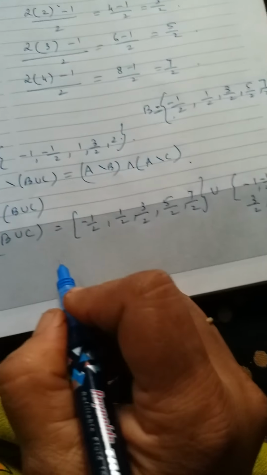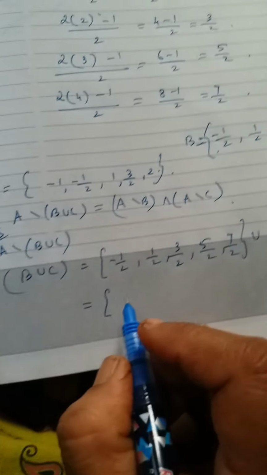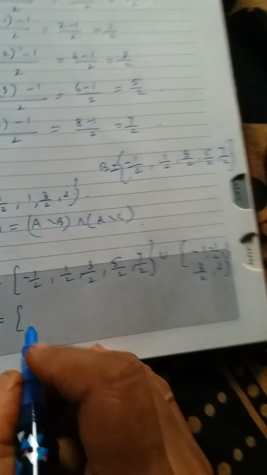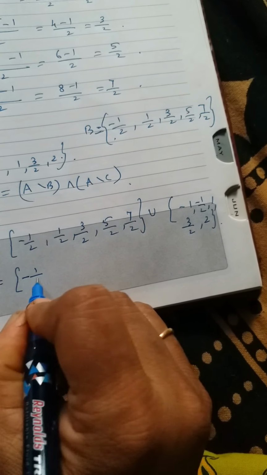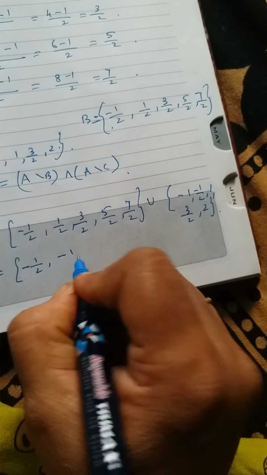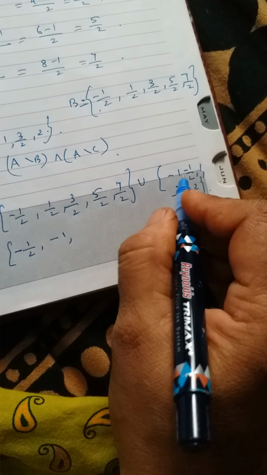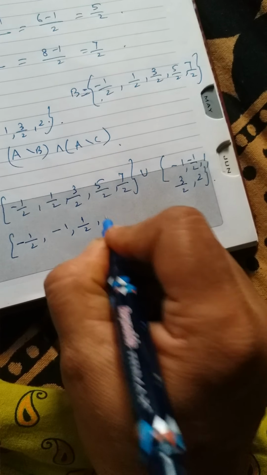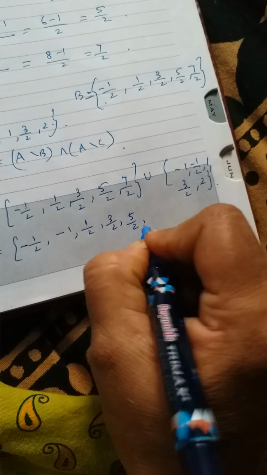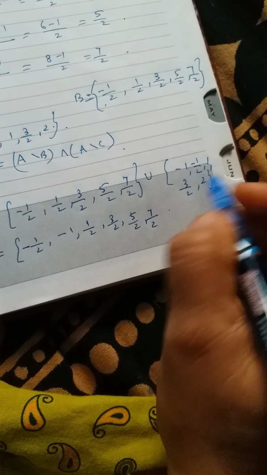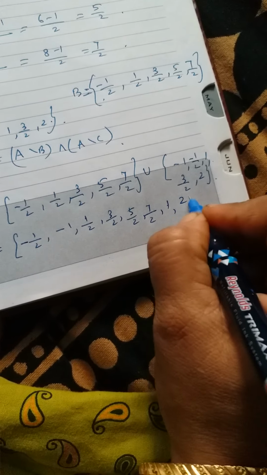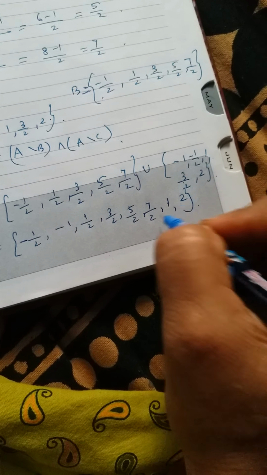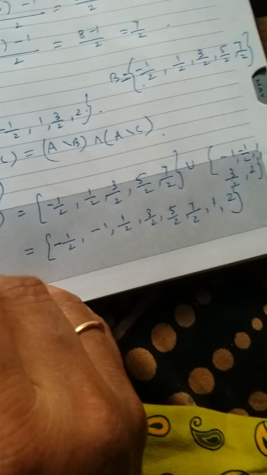Union means all the elements have to be written without any repetition. So you write minus 1 by 2, minus 1, 1 by 2, 3 by 2, 5 by 2, 7 by 2. You have not written 1, so you write 1, and 2. This 3 by 2 you have written already. So this is your B union C.